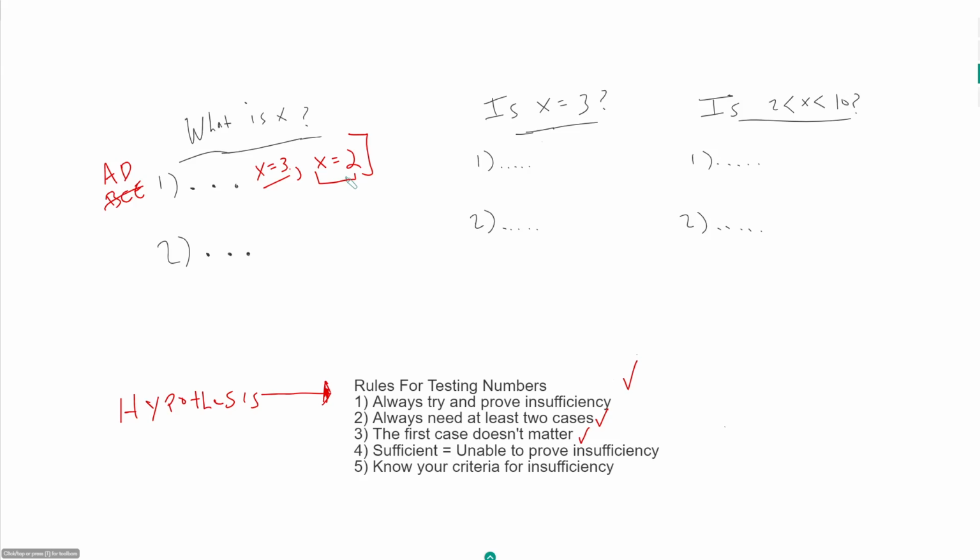And only if, no matter how hard you tried, after trying positive integers, negative integers, positive fractions, negative fractions, you kept getting values of X is equal to 3, then would I say sufficient. But I would also remember that I really have not proven sufficiency. I have just failed to prove insufficiency.